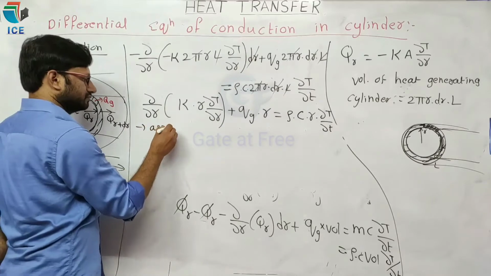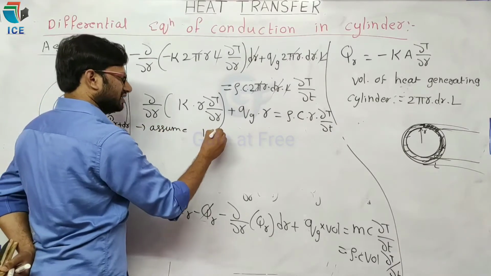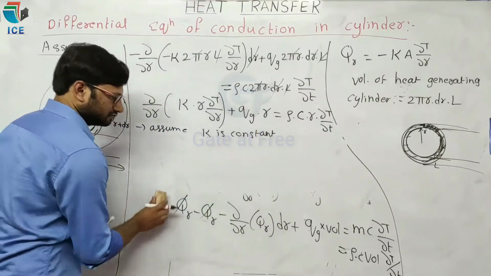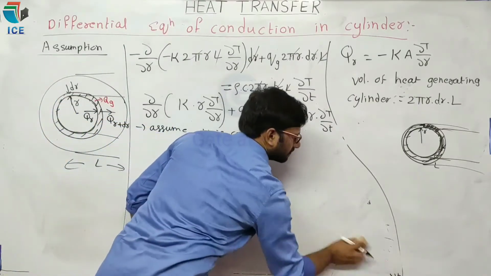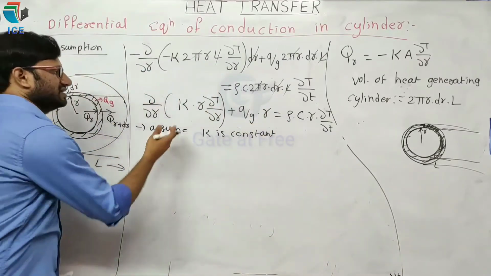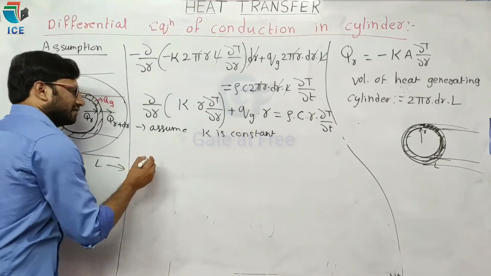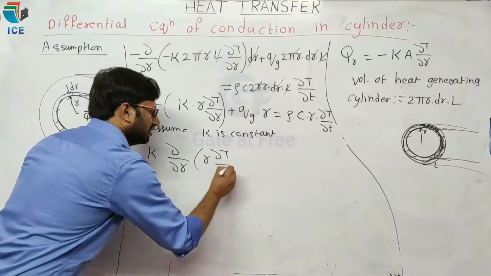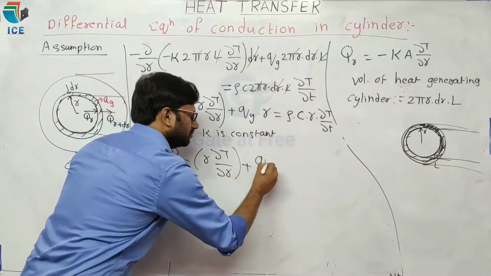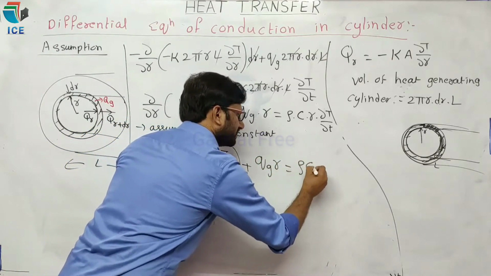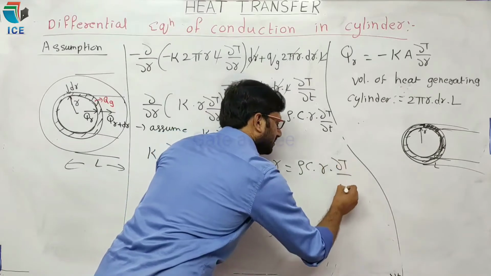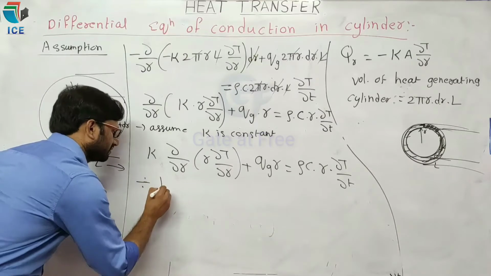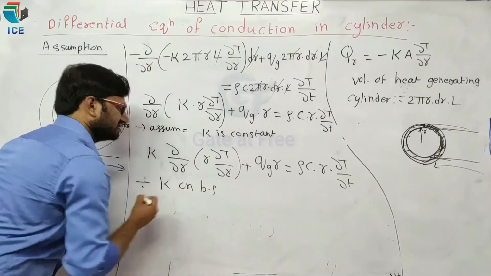Now the assumption is K is constant. When K is constant, take it outside. Now K dou by dou r of r dou T by dou r plus Qg r is equal to rho C r dou T by dou t. Now divide by K on both sides.